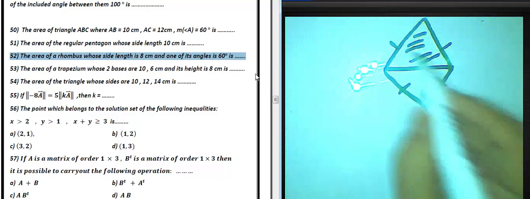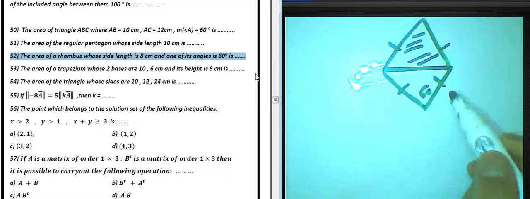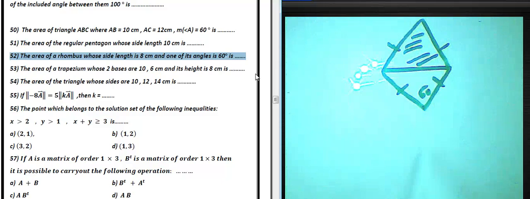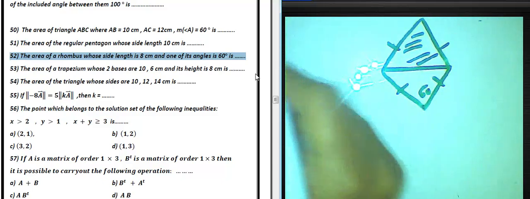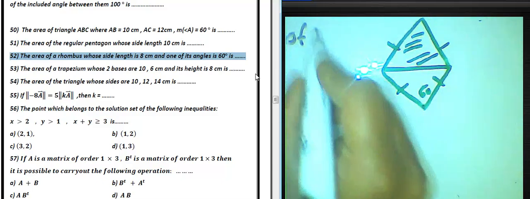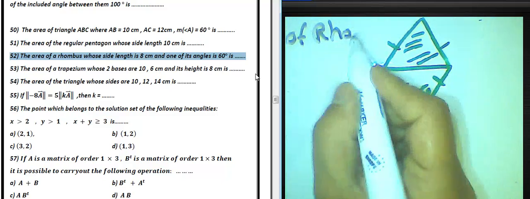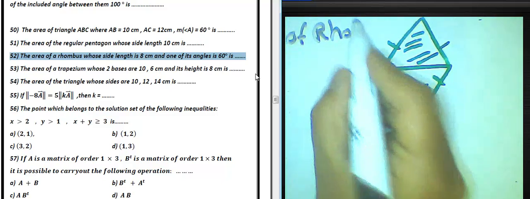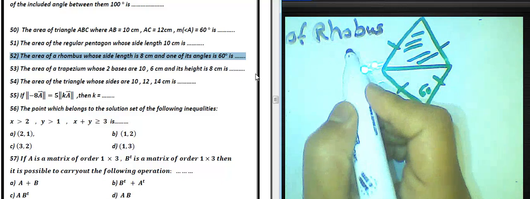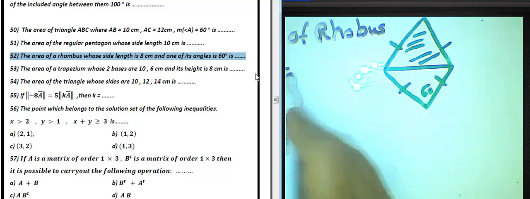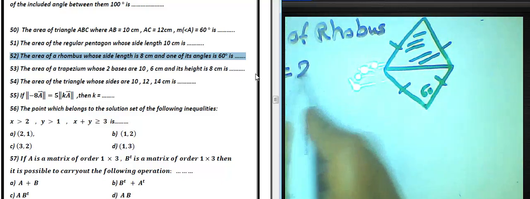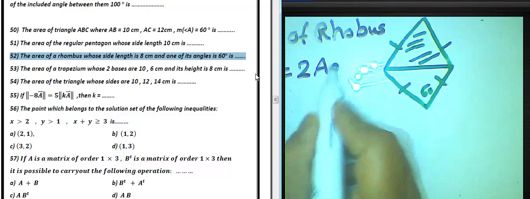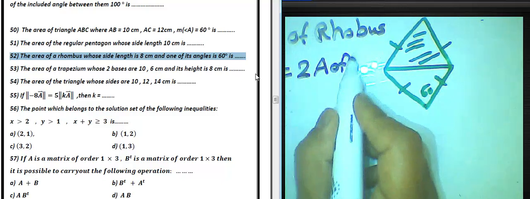We know the properties of a rhombus. All sides are equal in length, and the two diagonals here are perpendicular. But in this example, you want to find the area of the rhombus.